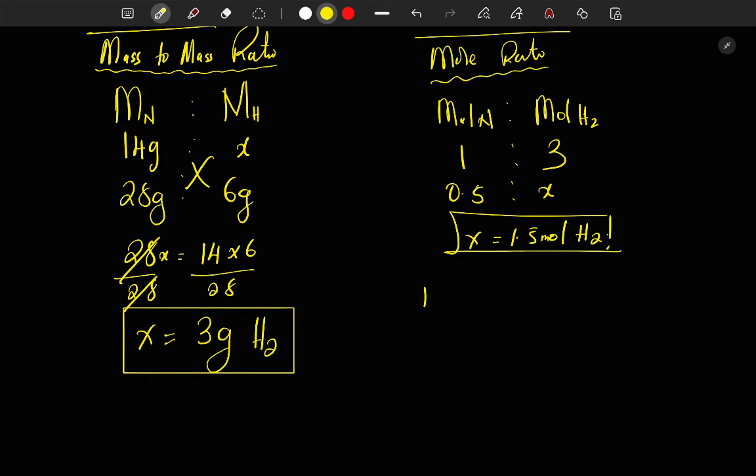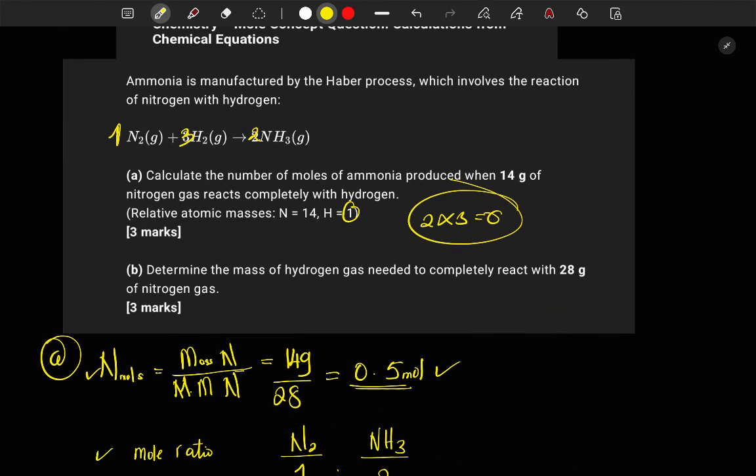But we need the mass. Remember that number of moles is equal to mass over molar mass. In our case, the mass we don't know, but the number of moles we have and the molar mass we have. So mass is equal to number of moles, 1.5, multiplied by the molar mass for hydrogen, which is what? Let's go back.